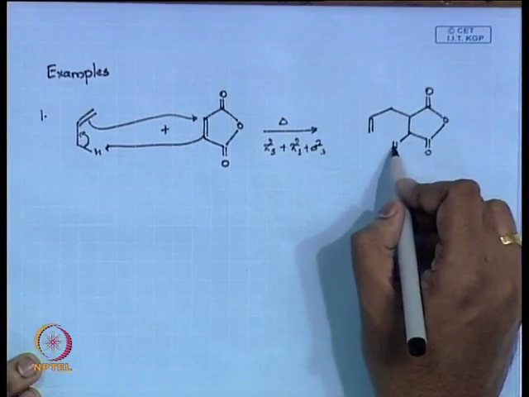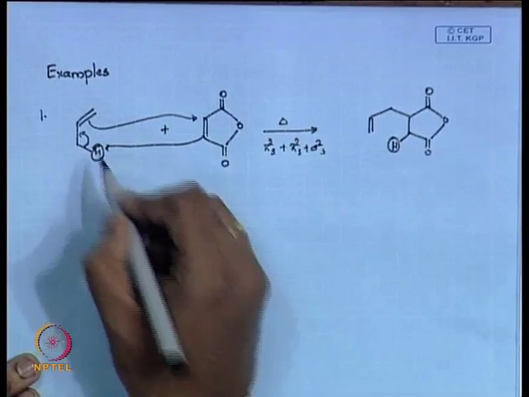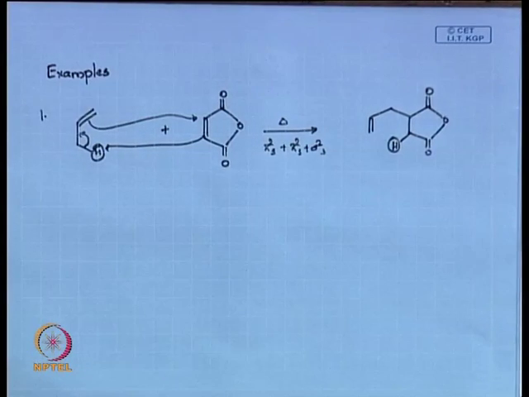This is the hydrogen which has been shifted, migrated, and this migrates suprafacially, more like your 1,5 shift.